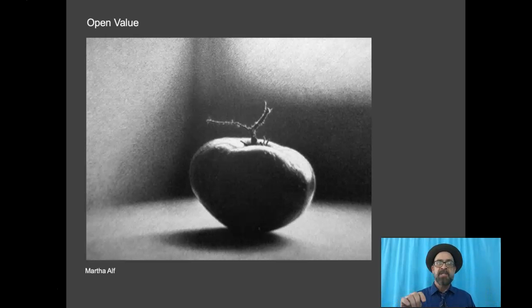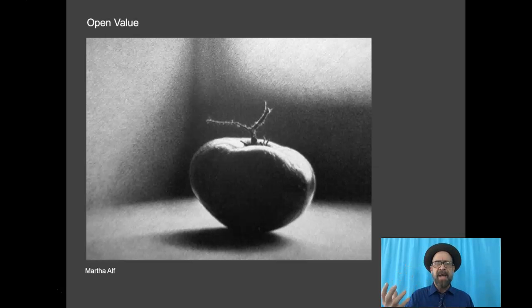Okay, so here's a drawing that really illustrates that open value structure. Look at that cast shadow of that tomato, the shadow on the back side of that tomato, or on this side of the tomato, is the same value as the shadow that it's casting. And so there's this openness between those two shape areas, right?